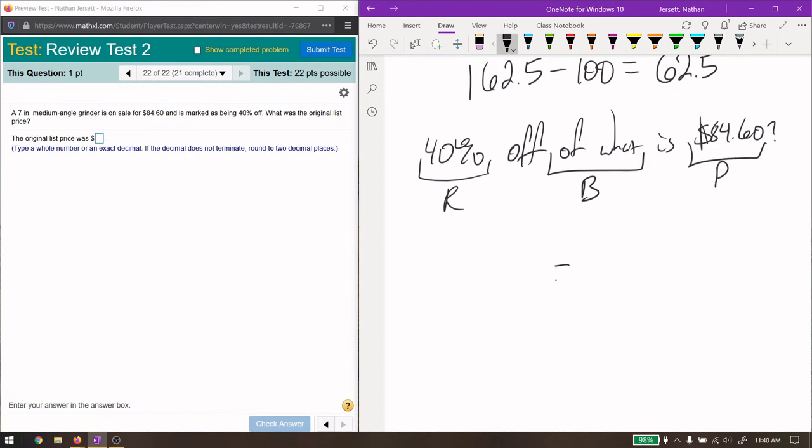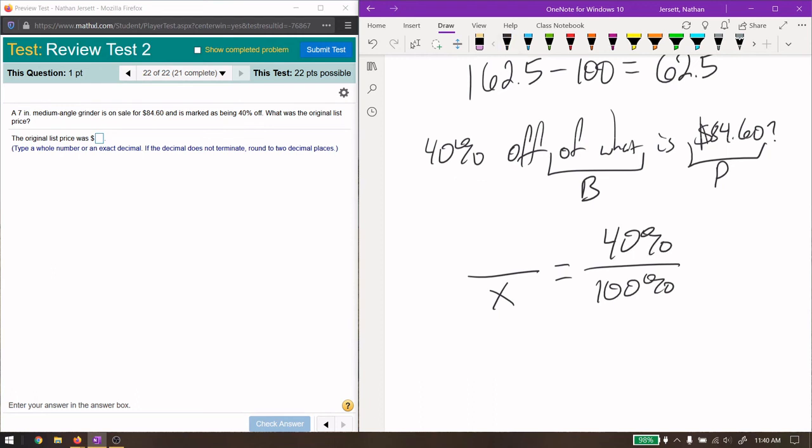A different way of thinking about this is that 100% of the cost equals the original price. That's what we're looking for. That's the X variable. And we know that's 40% off. Now, we would not write 40% here. I actually should have mentioned that. This isn't technically the R. It's 40% off of 100%.